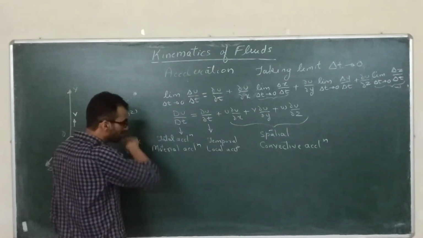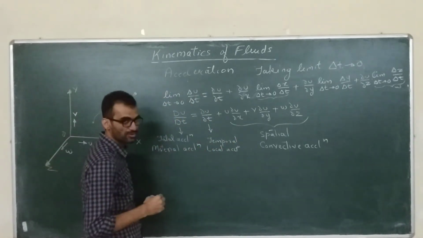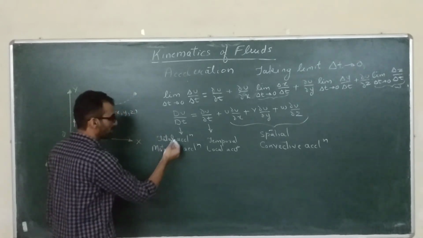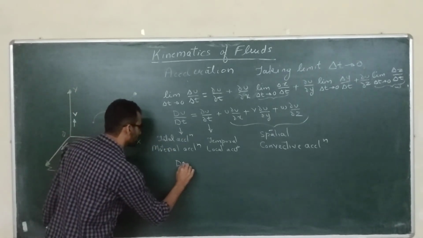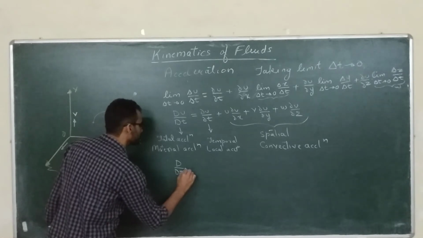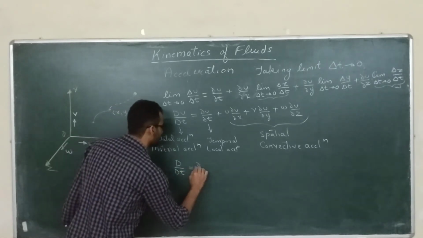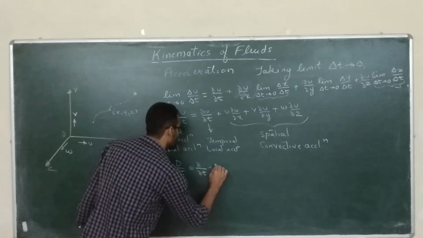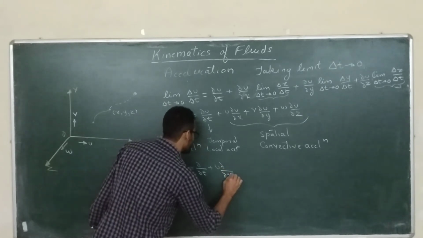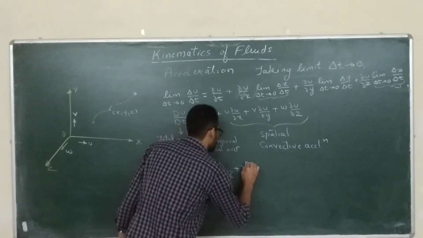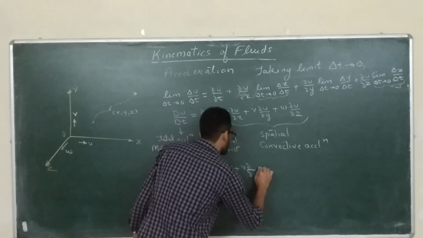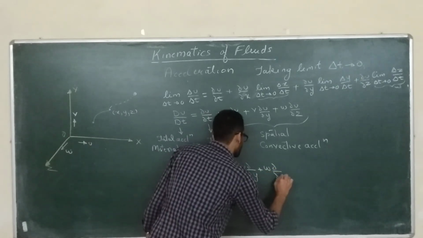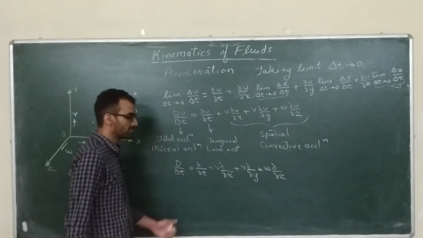And similarly, these operators are also called by the same names. This operator D by Dt is equal to del t plus u del x plus v del y plus w del z. These are basically the operators.